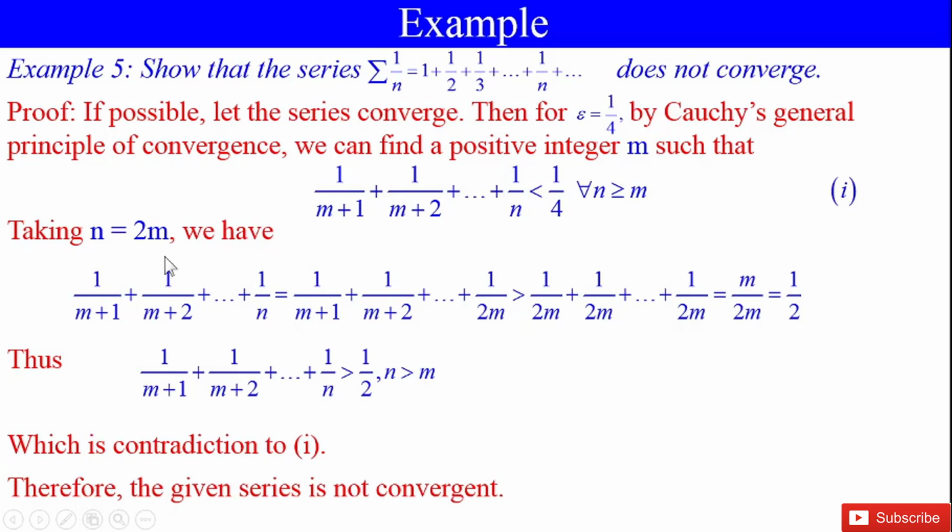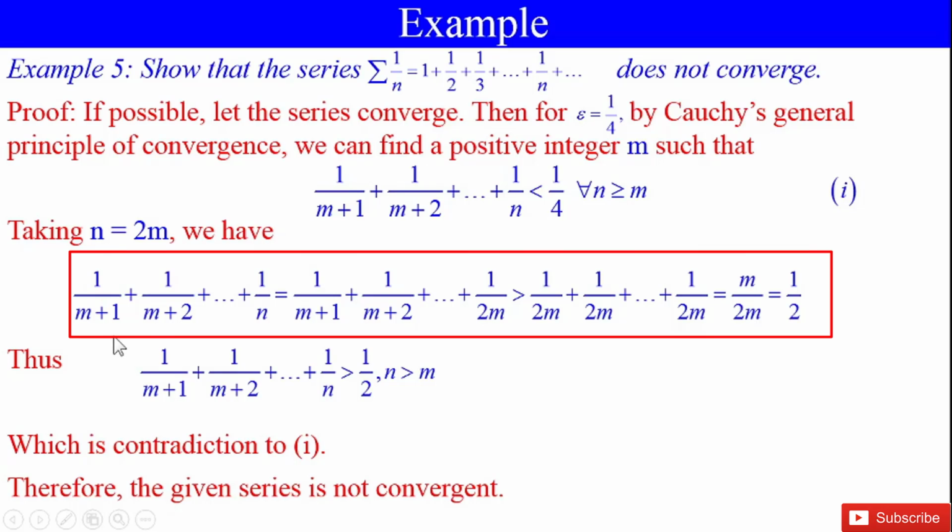Now, taking n equal to twice m, we have 1 by m plus 1 plus 1 by m plus 2 plus up to 1 by twice m, which is greater than 1 by twice m plus 1 by twice m plus up to 1 by twice m, which is equal to m by 2 times m, which is equal to half.